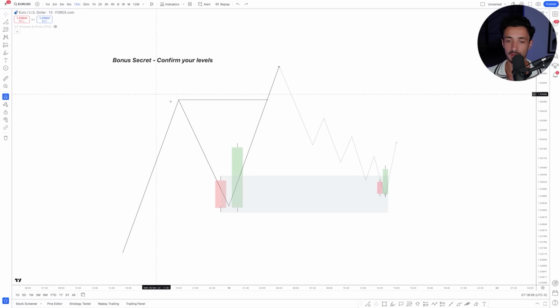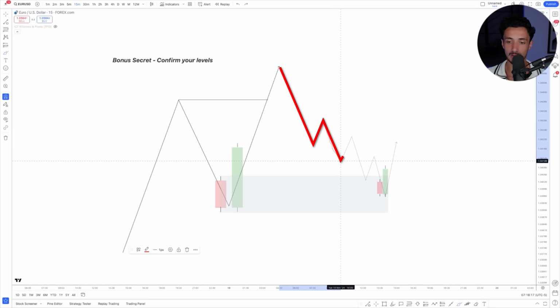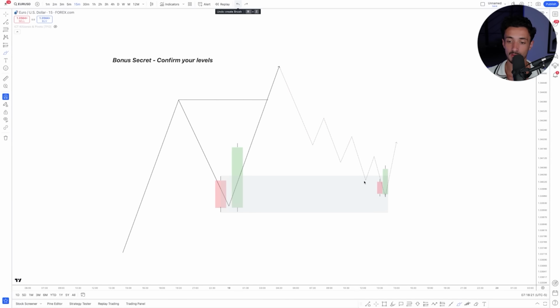What you want to do is go down to a 1 minute time frame. And as price is approaching your order block down here, the 1 minute time frame is going to be bearish, right? And then eventually when it gets into your zone, if this is the right zone, you're going to see an order flow shift.